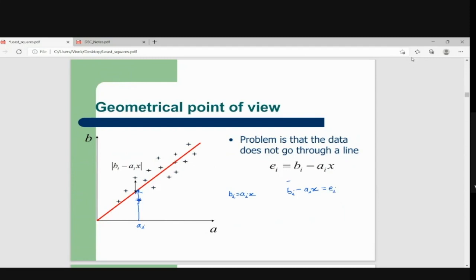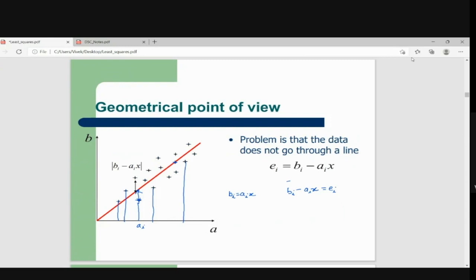Similarly, I will take the point corresponding to this point, and this point. All these points I will calculate the values. If I talk about this point, in this case the error will be zero, because the point is lying on the line.